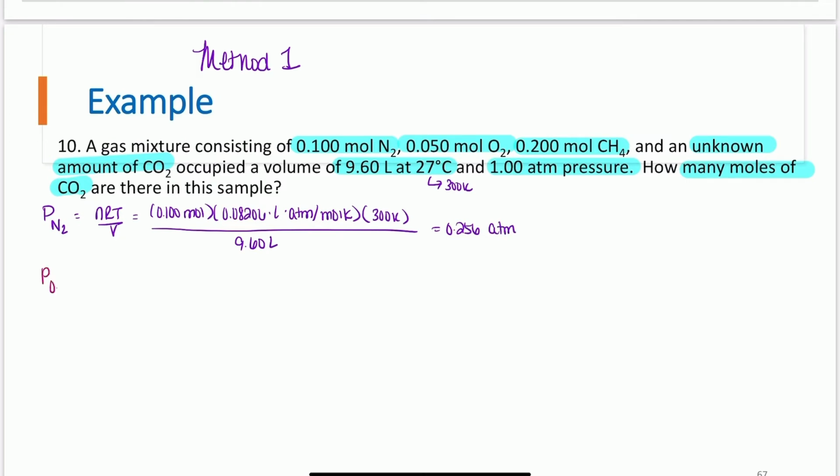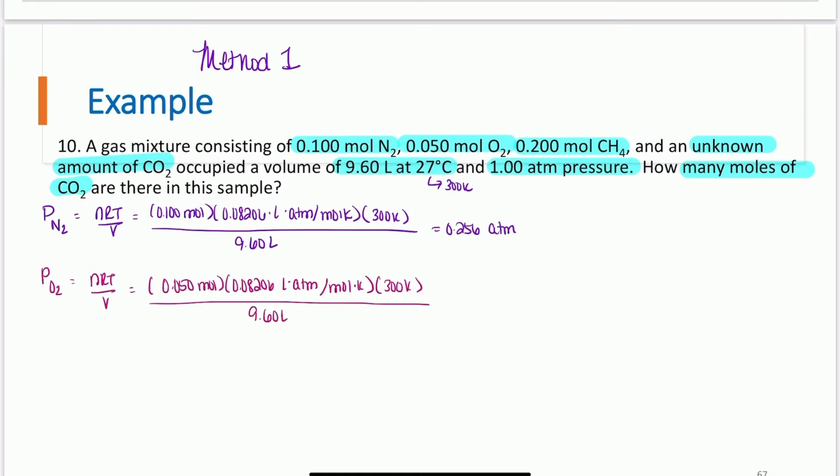Partial pressure of O2, nRT over V: we have 0.050 moles of O2, 0.08206 liter atmosphere per mole K, 300 Kelvin, 9.60 liters, gives 0.128 atmosphere.